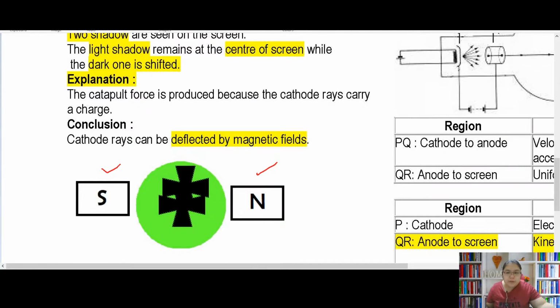You can repeat it by pausing. You pause and see the magnetic field, then you show your Fleming's rule. After that you check whether the direction of the shadow is correct or not.